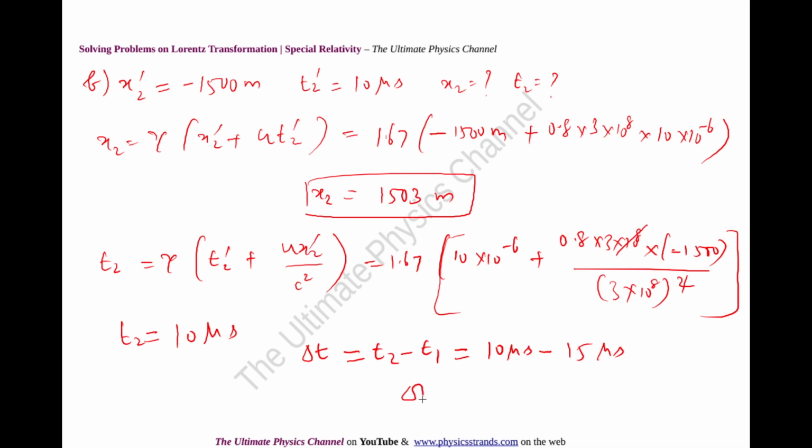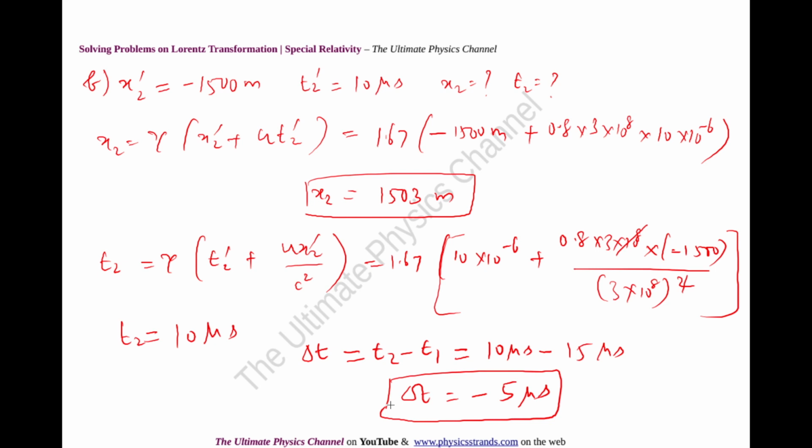Therefore, the difference delta T in this case is minus 5 microseconds. The negative sign implies that in the S frame, the second event occurs first.